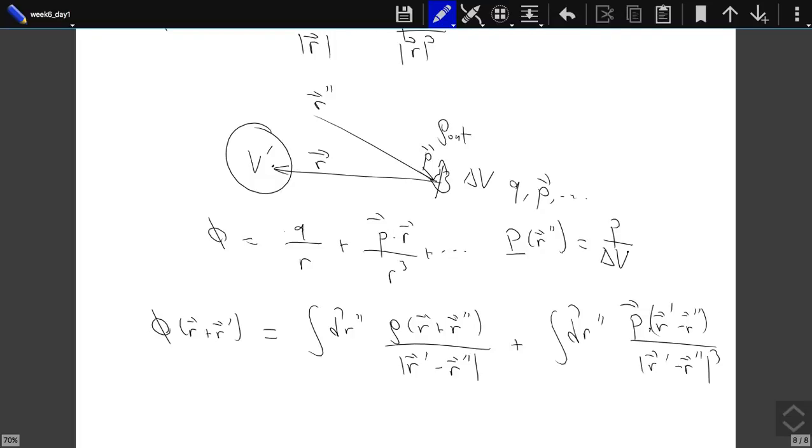This is how I define the dipole density at the point r double prime. I just assume a very small volume over there, calculate the dipole moment, and divide by the volume. And here, this P is the dipole moment density at the point r double prime.